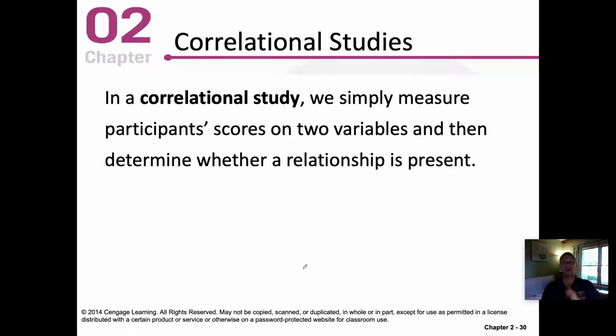Now, a correlational study is simply measuring participants' scores on 2 different variables and then determining whether a relationship is present. So in this case, we talked about the height and weight aspect. We put height here because height is generally genetically controlled.